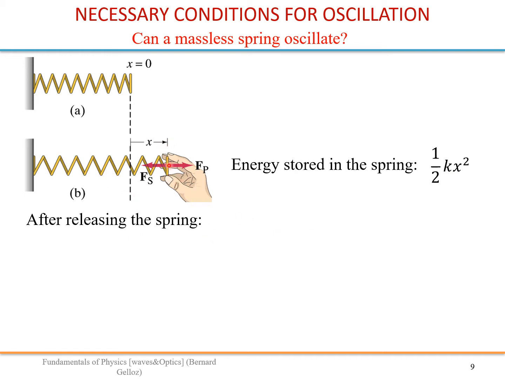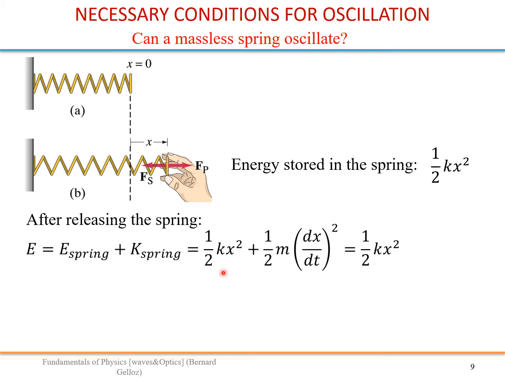So let's say we release the spring from this point. If we look at the energy, we have the energy of the spring plus the kinetic energy of the spring. So you can just write it: it's half of kx squared here plus half of mv squared. But we don't have any mass, so this term cancels, and we get only half of kx squared.